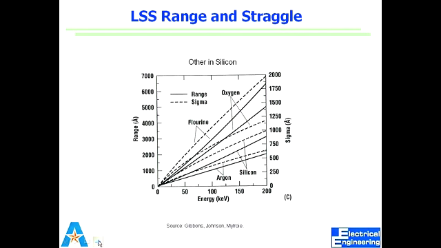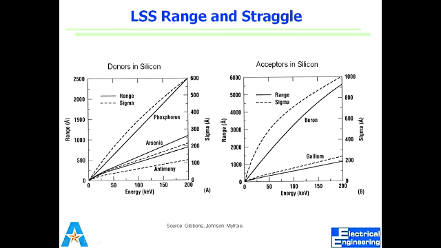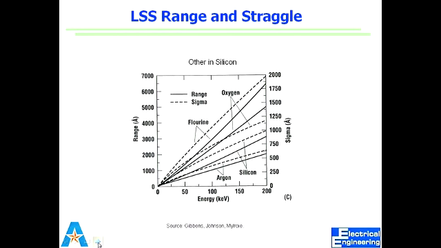And at 100 it's barely less than 1500. So oxygen can be implanted way faster, right? So they can penetrate really well. Of course they may not be used for doping, but they're done for other reasons.